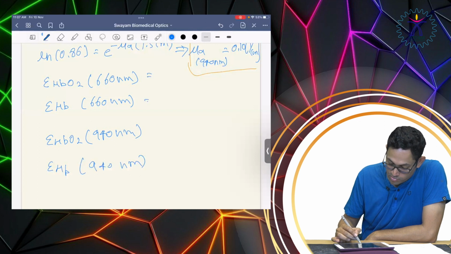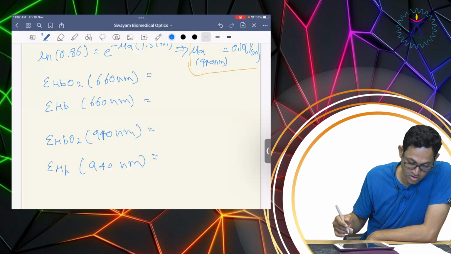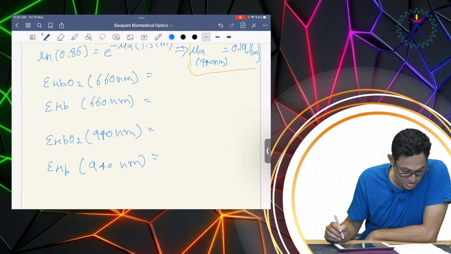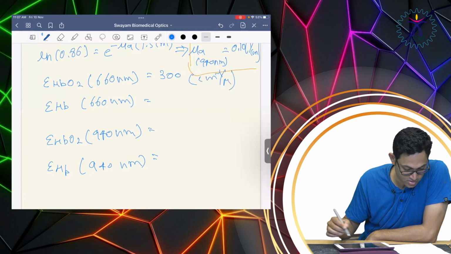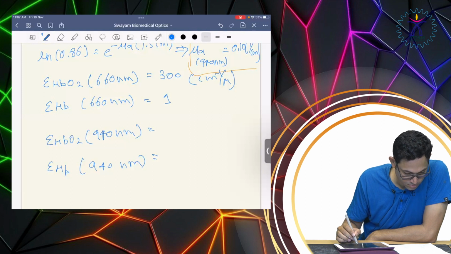If you draw a line, you will actually get it. So this is nothing but equal to 300. Now this is centimeter inverse per molar, and it is the same thing for all of them. And this is around, sorry, this is around 4000.